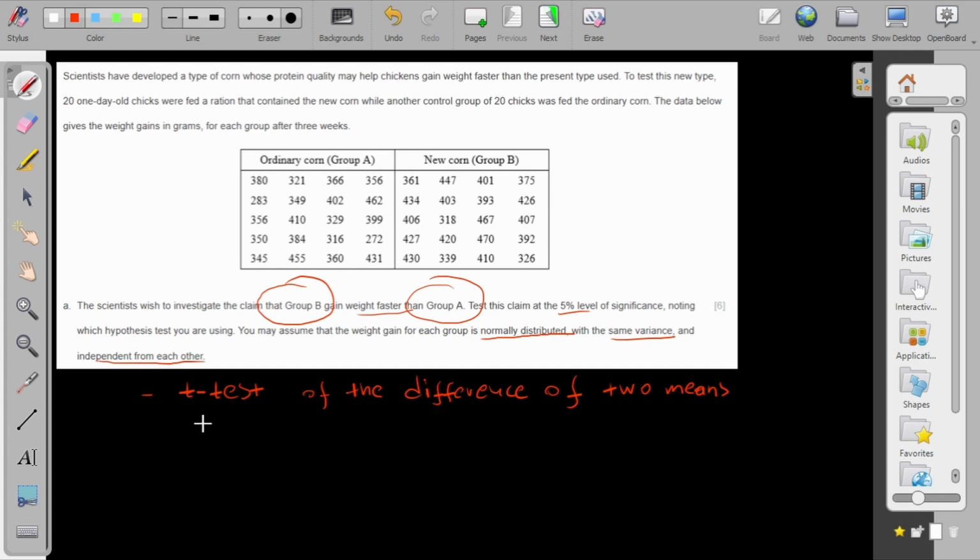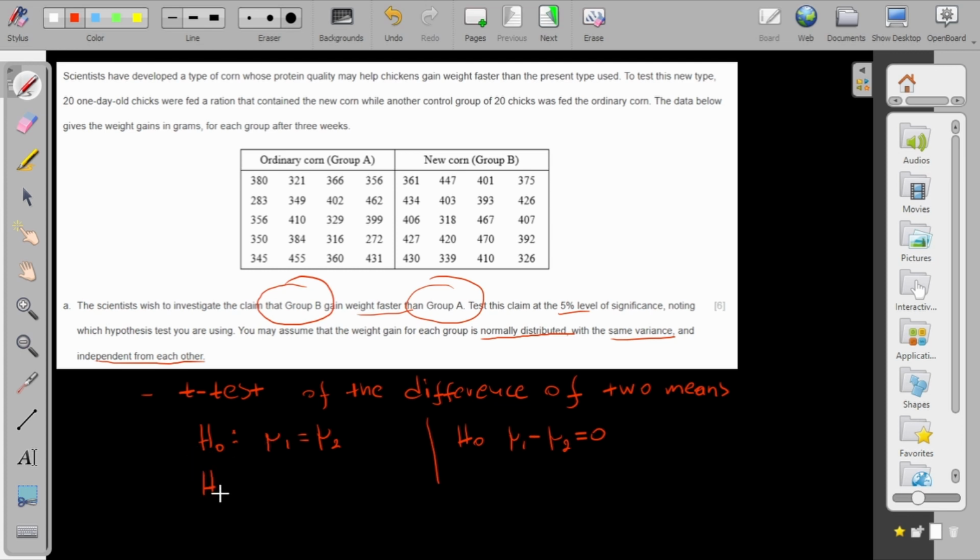So my null hypothesis will be which one? I want to see if the two means are equal. Alternatively, you can write it like that: mu1 minus mu2 is 0. That's my null hypothesis.